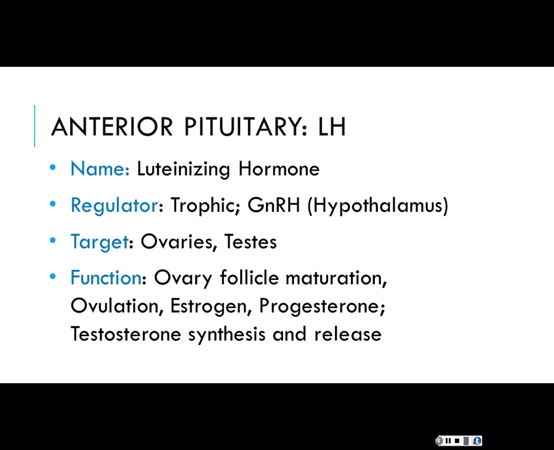So if someone's undergoing fertility treatment, maybe they have cystic ovaries or something like that, the doctor's going to give you one of two things. They're going to give you luteinizing hormone, and if that doesn't work, maybe they'll give you GnRH. Maybe you've gone through that, or you know someone who has.